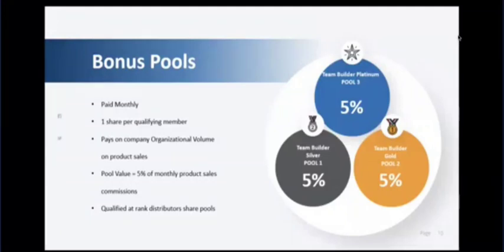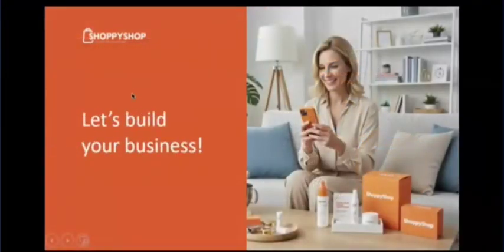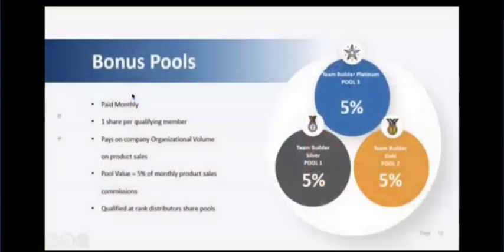If you again hit the next bonus pool of gold, a gold team builder, you're going to end up with another share. And here's the beautiful thing: the more bonus pools you qualify for. In some comp plans, you only get whatever percentage of whatever rank you hit or bonus pool you hit.